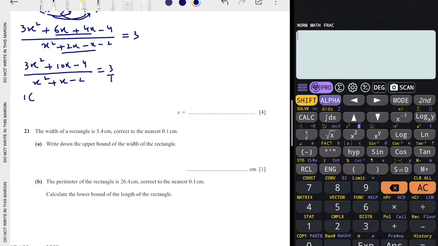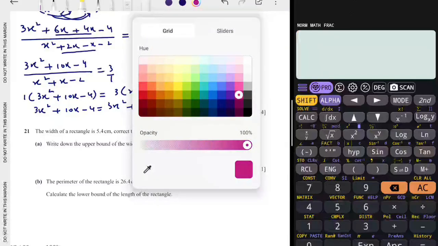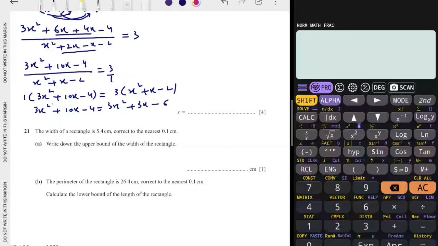So 1 will be multiplied by 3x square plus 10x minus 4, and 3 will be multiplied by x square plus x minus 2. So it will be 3x square plus 10x minus 4 is equal to 3x square plus 3x minus 6. Now 3x square and 3x square would be cancelled out.